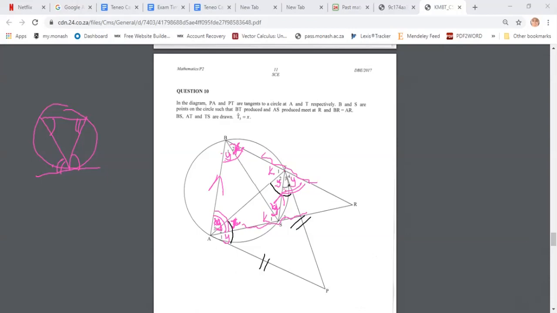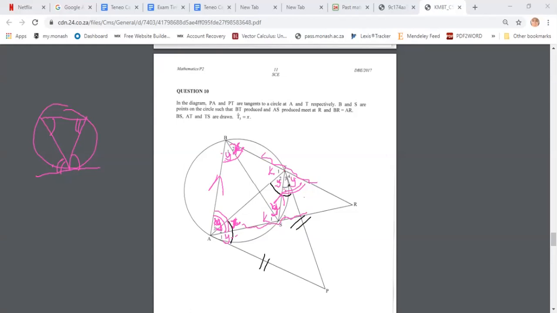Well, there's no line here, so it's not going to be opposite angles. We know that the exterior is equal to the opposite interior, but there's no line there, so that's not going to work. And we know the bow tie, angles in the same segment. There's your butterfly or bow tie. The tips are both Y. They're both equal to each other, which means that this must be cyclic. So you're doing it in reverse.